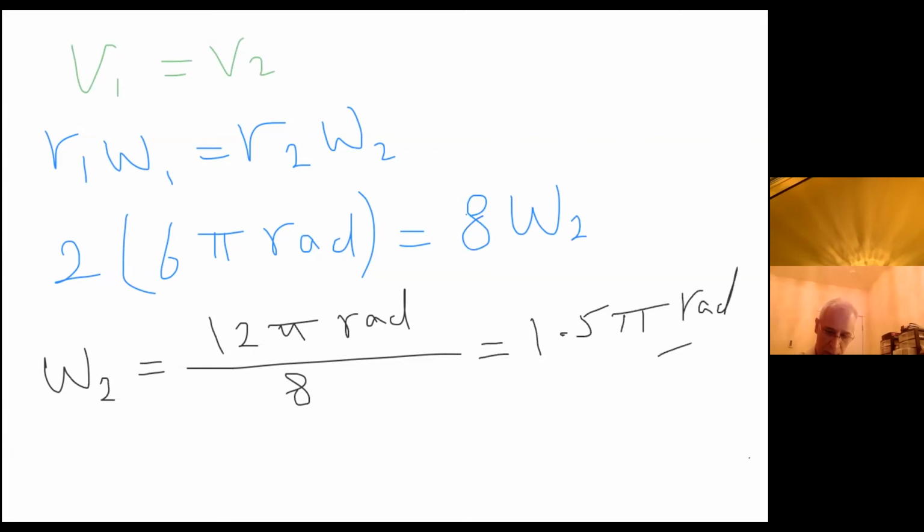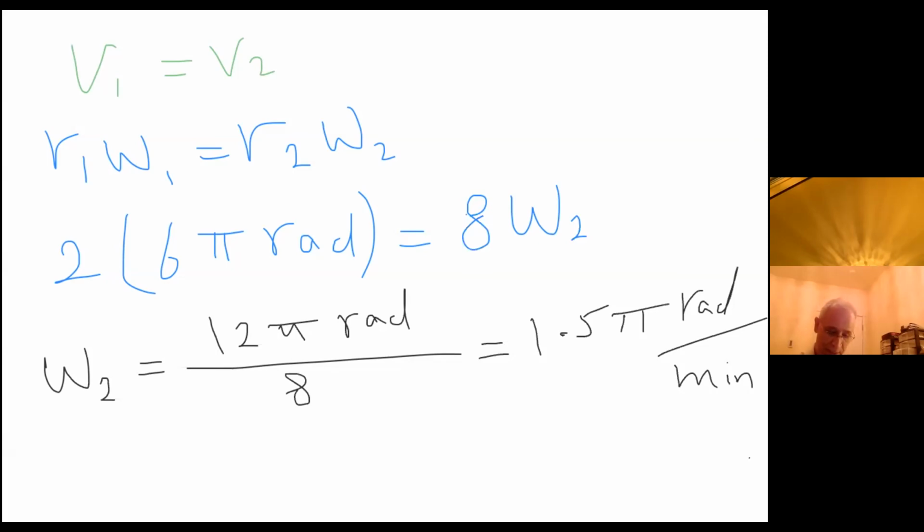But this question is asking how many revolutions per minute, and every 2 pi radians is 1 revolution.